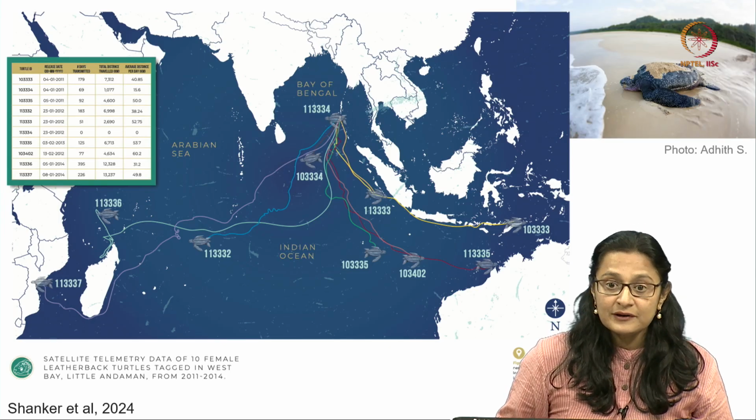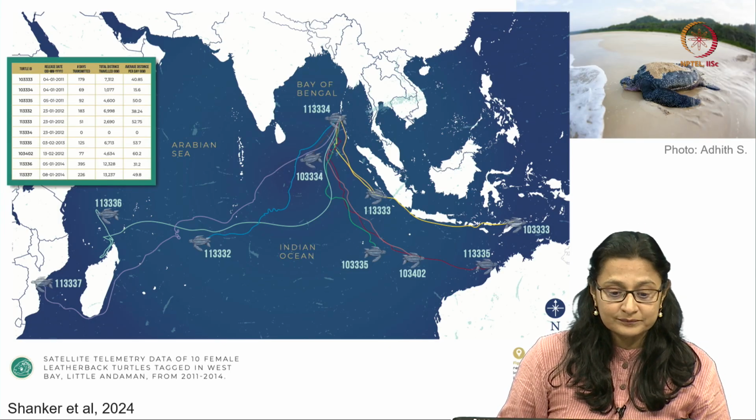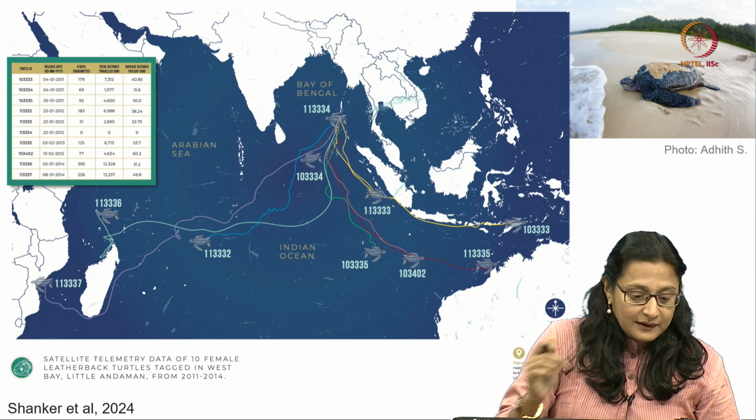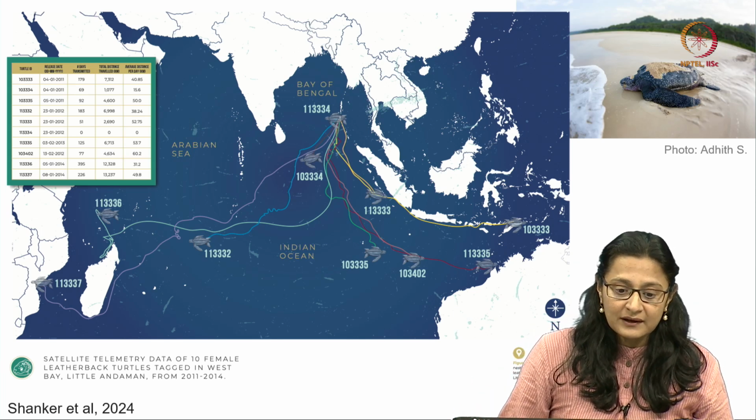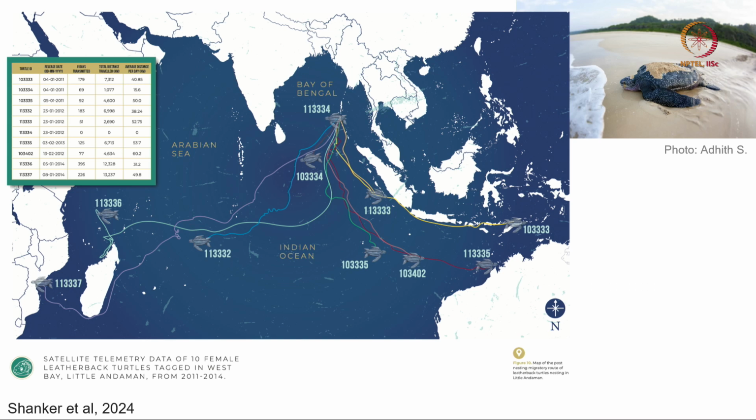In India, we have several interesting examples, and here's one. Leatherback turtles, which breed in the Andaman Islands over a several-month period, have been known to travel all the way to either Africa or Australia. And so you see these lines here. These are tracks of individually tagged female leatherback turtles.